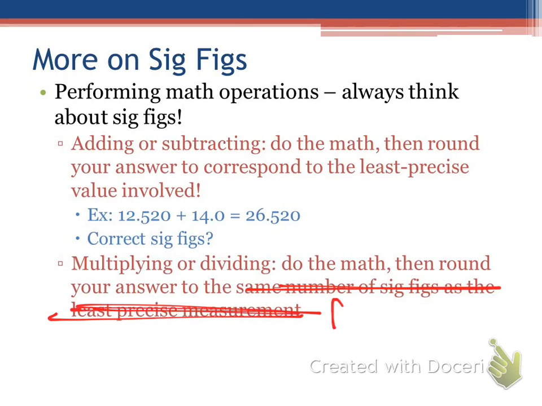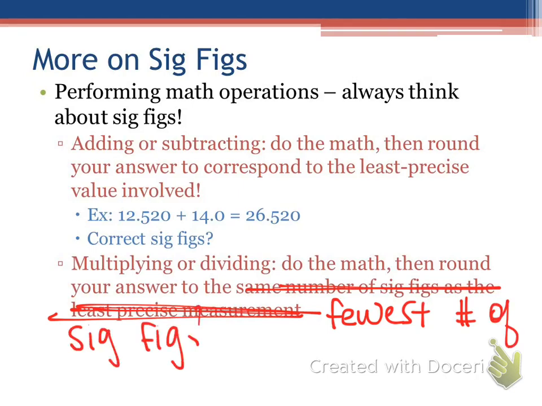To the fewest number of Sig Figs. Okay, so when you multiply and divide two measurements, you do the math, and then you round your answer to the fewest number of Sig Figs based on your measurements.